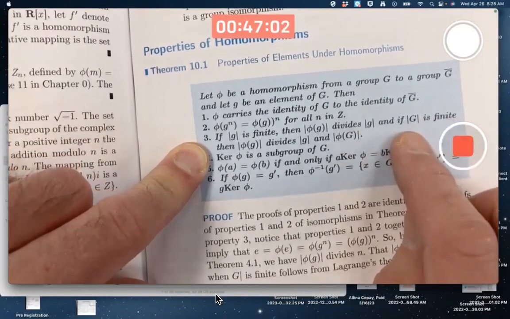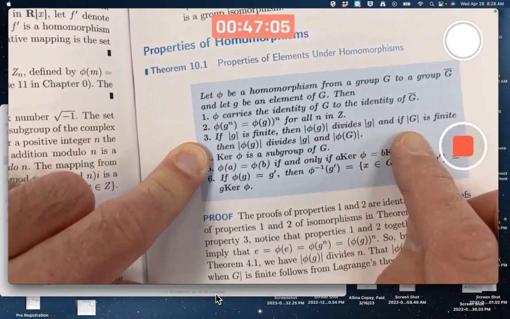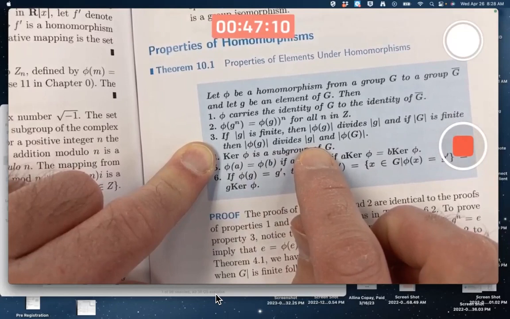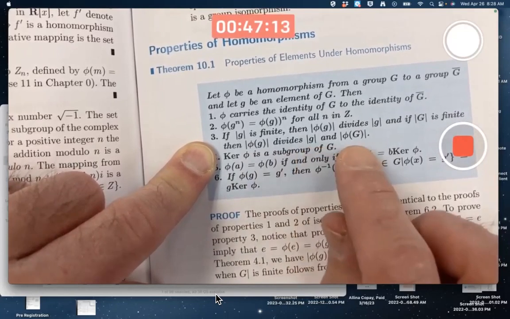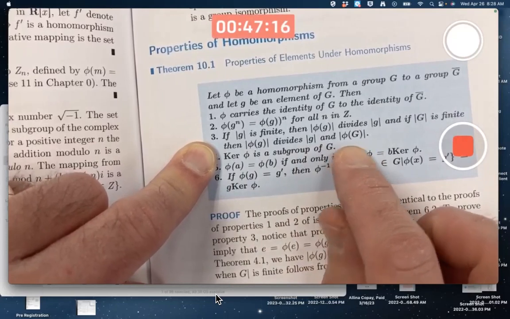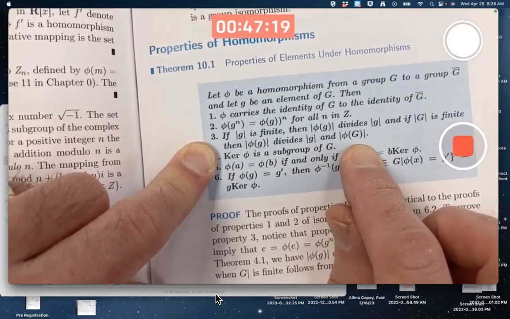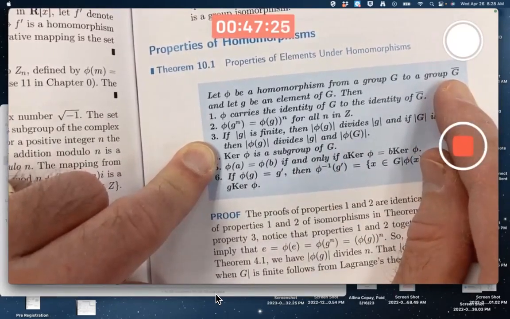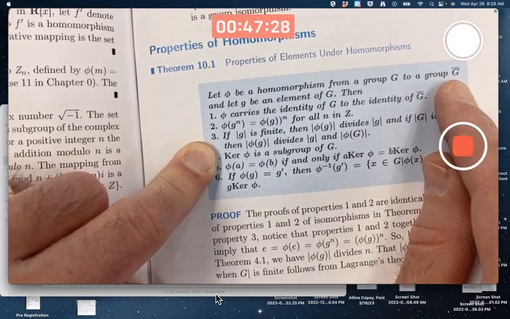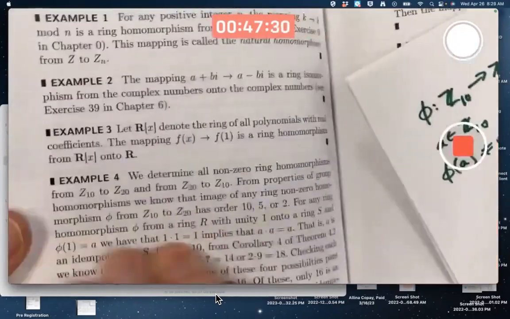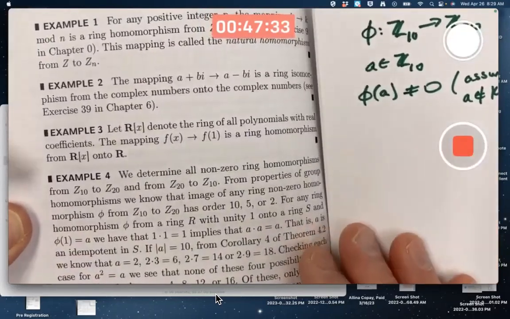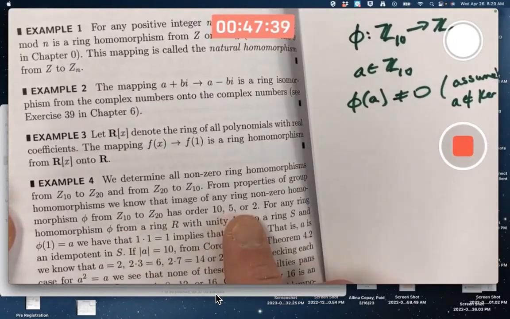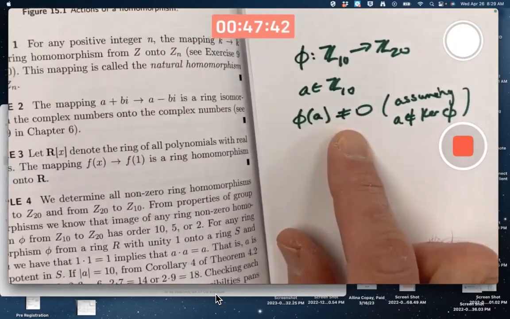And if the order of the domain is finite, as in our example it is, then moreover, not only does it divide the order of little g, which means it also divides the order of capital G, it also divides the order of the image of the entire domain, which is going to be a subgroup of G bar, and so it also has to divide the order of G bar. Lots to think about there. Yeah, these are finite groups. As groups, the order of phi of A has to divide 10 and 20. Those are the possibilities if we're talking about it not being the zero element.